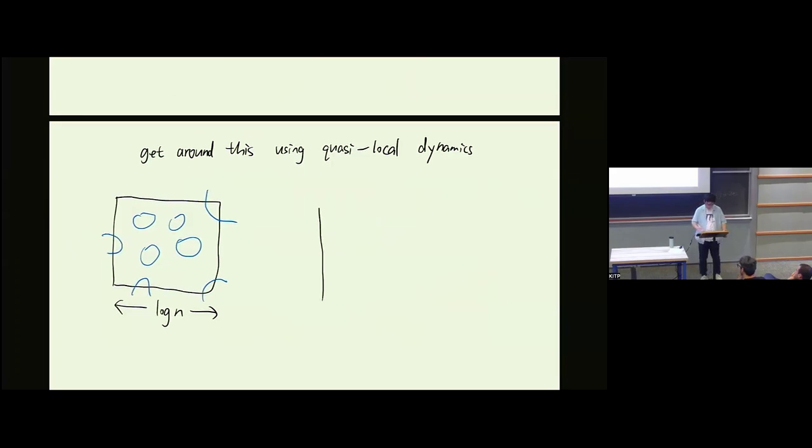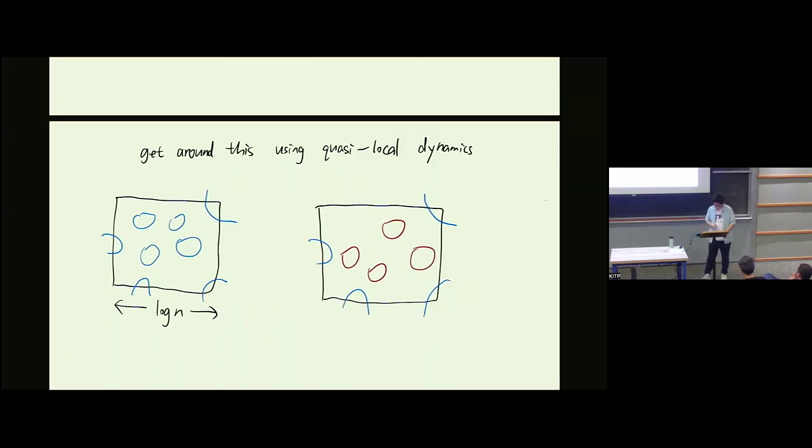And we choose this clever dynamics by doing the following. We will look at this box, and we will freeze anything that intersects with the boundary. So we will not update the loops that cross the boundary. And for the interior, we will resample. So it will be some different loops. And the resampling is according to the conditional Gibbs state, conditioned on the boundary configuration.